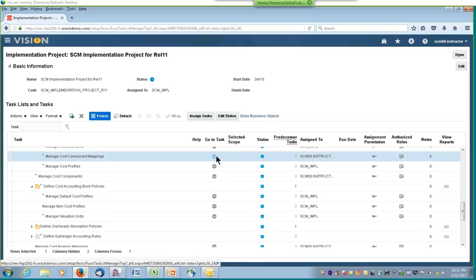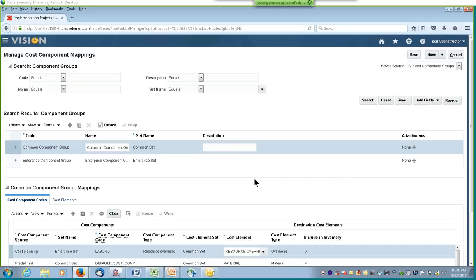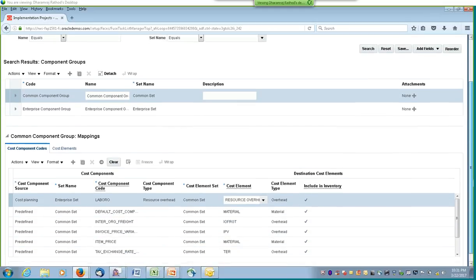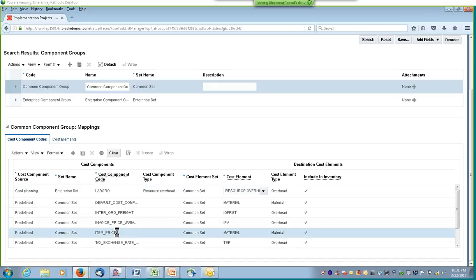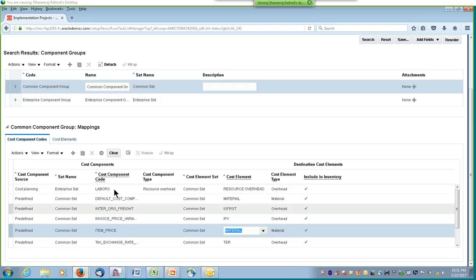You have component groups, and within that you have flexibility to map the cost component coming from an upstream application, in this case item price or the PO price. You can map it to material, and whenever you get those PO and material transactions or payable transactions, you'll be able to see them using this cost element.